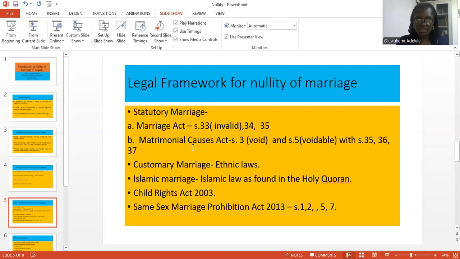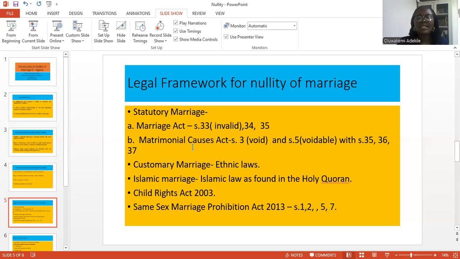The logic of that is left for us to determine: that if a marriage has been found voidable, the court can still say that they will not permit that marriage to be nullified.